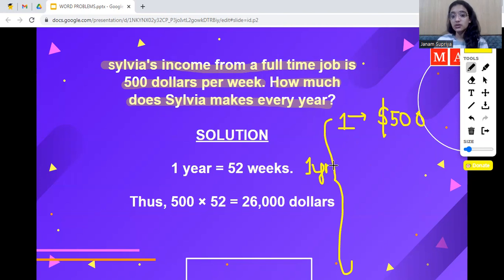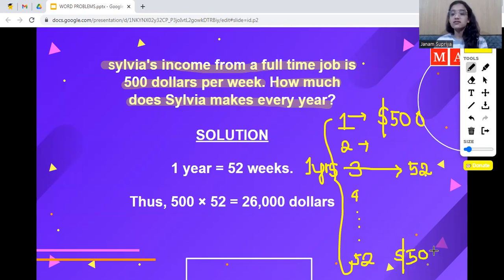Then we need to know how many weeks there are in 1 year. If you know, there are 52 weeks in a year. So the first week $500, for the second week there will be another 500, for the third week another, for the fourth, and so on till the 52nd week she'll be earning the 52nd $500.